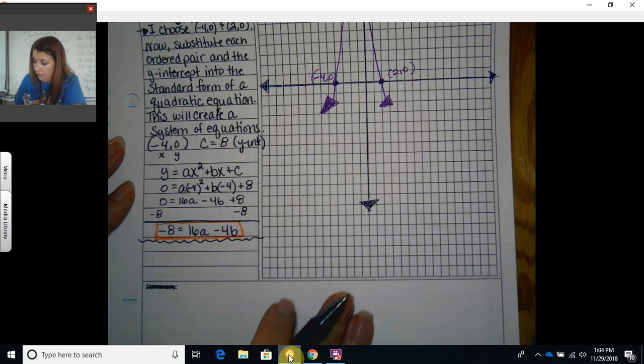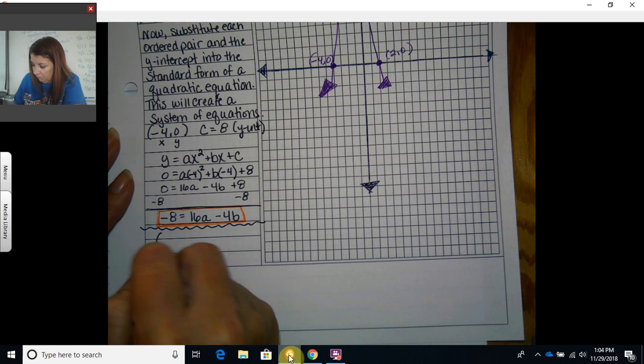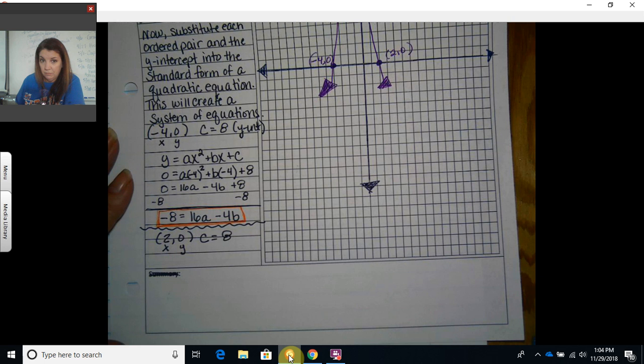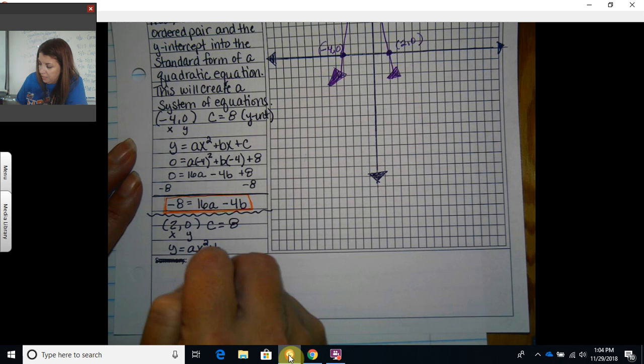So 2 comma 0. So this time I'll use 2 for x, again 0 for y, and C is the same for this whole entire graph. So C is 8. And I'll substitute that into y equals ax squared plus bx plus c.